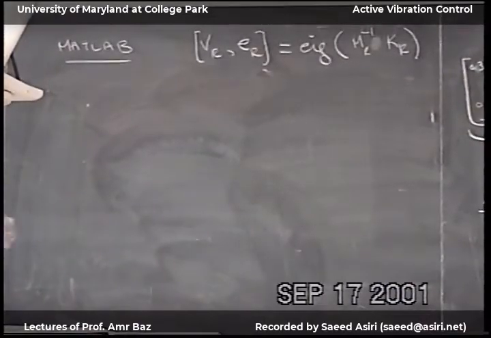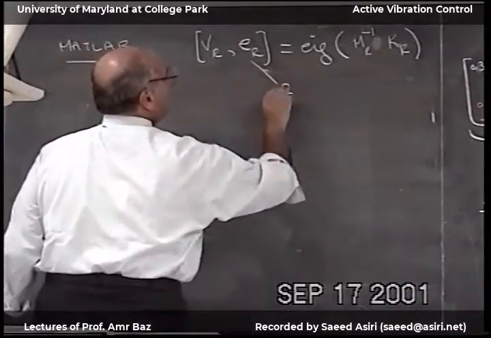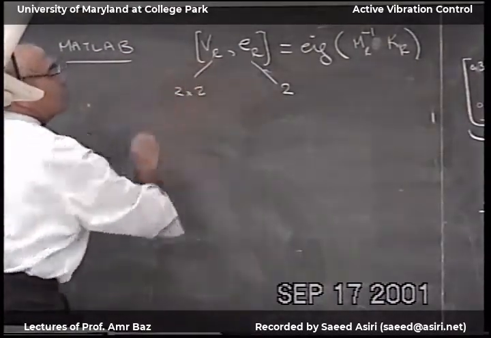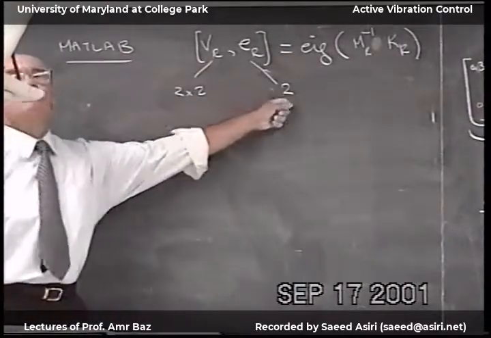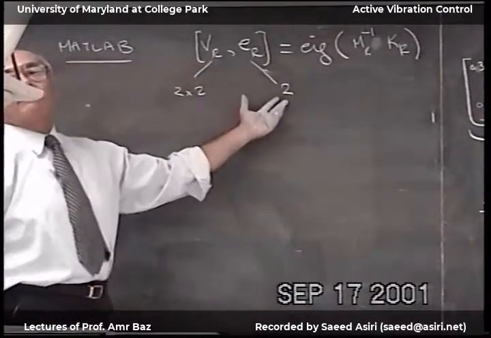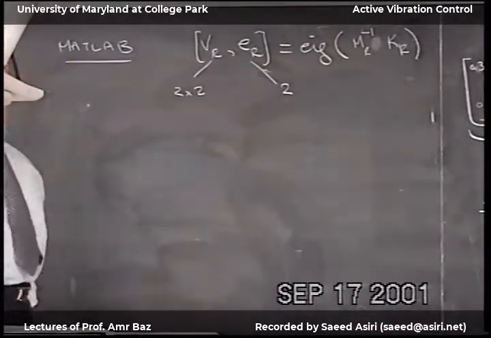Okay, again, this will be 2 eigenvalues. This will be eigenvector corresponding to these, so it will be 2 by 2. The matrices are 2 by 2, the eigenvalues and the eigenvectors 2 by 2.